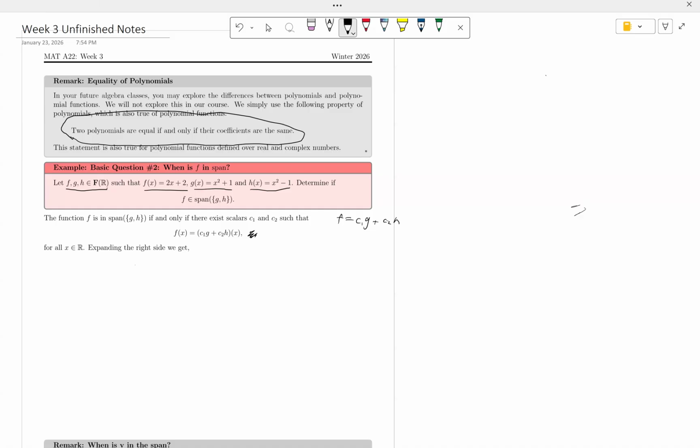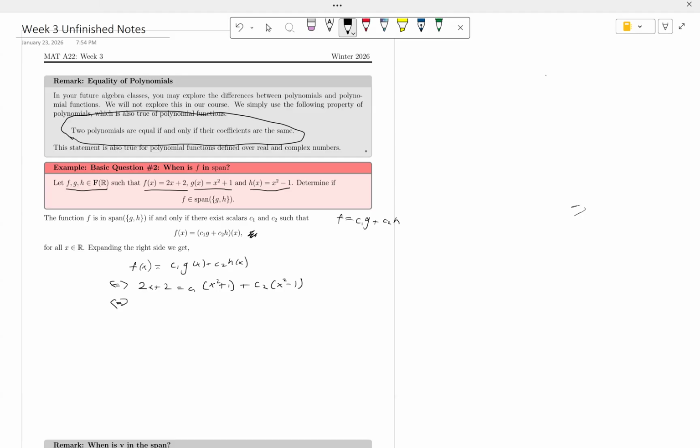We expand the right side, and we get that f of x equals c1 g of x plus c2 h of x. Now, this is true if and only if 2x plus 2 equals c1 times (x squared plus 1) plus c2 times (x squared minus 1). This is true if and only if, and I'm going to collect like terms on both sides.